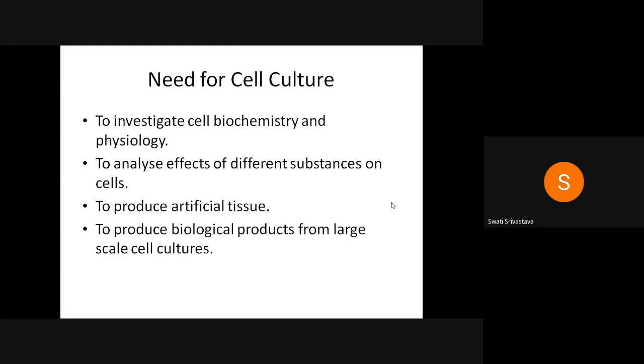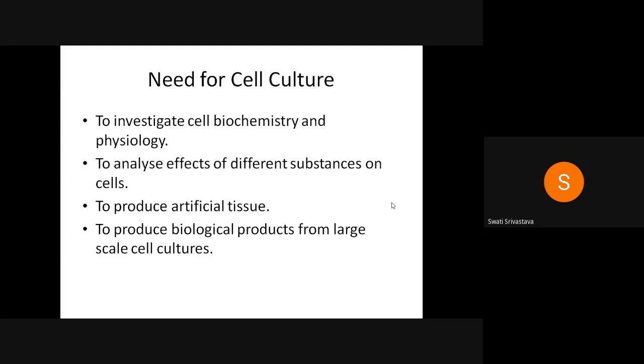So you are unnecessarily killing or sacrificing an animal for the benefit of humankind. So you can avoid that situation. You can produce this artificial tissue in in vitro conditions and use it for transplant operations.